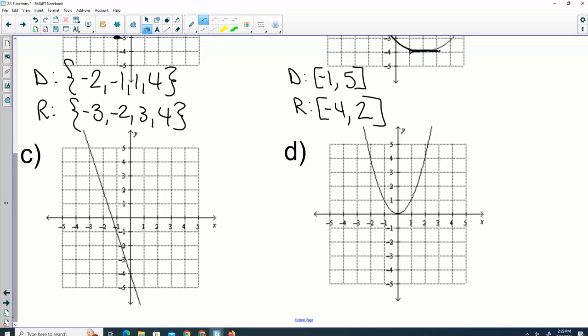You guys take a second and try C and D. Yeah, you can assume, since it goes off the graph, that it has arrows.